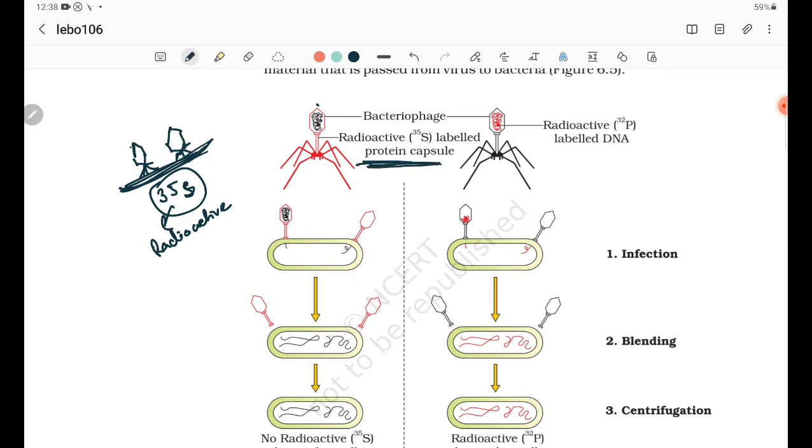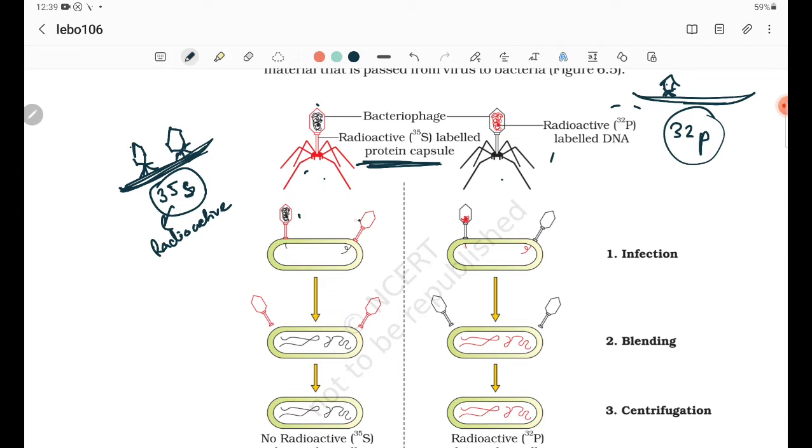In another culture medium of 32P, radioactive phosphorus, another set of bacteriophage was developed. In this bacteriophage, the DNA is radioactive. In this bacteriophage, the protein is radioactive.